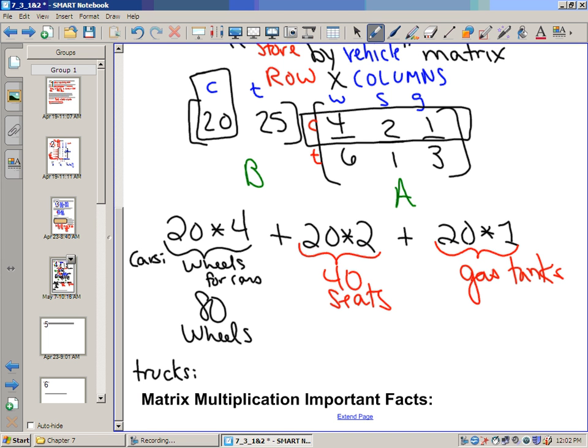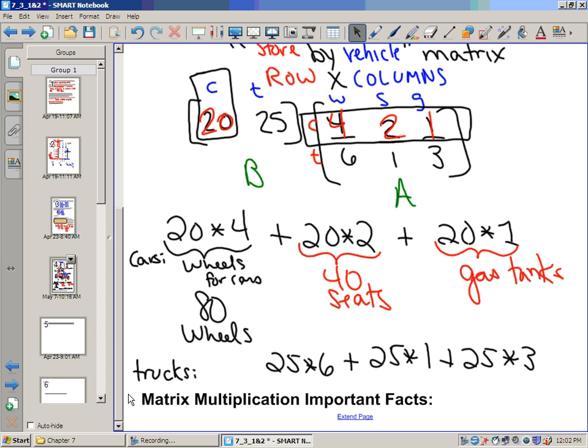Good. We're going to take 25 times 6 for the wheels, 25 times 1 for the seats, and 25 times 3. Okay, so we took 20 times the cars, and we took 25 times the trucks.